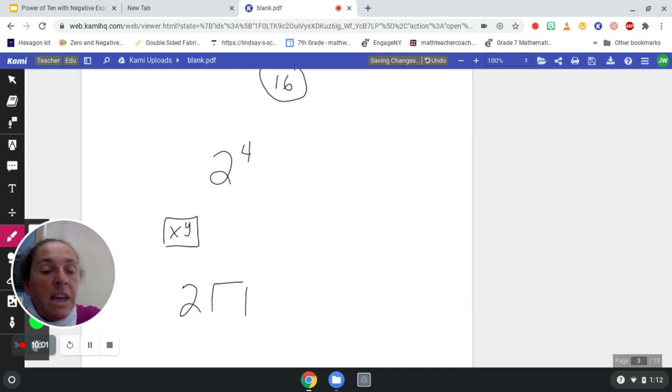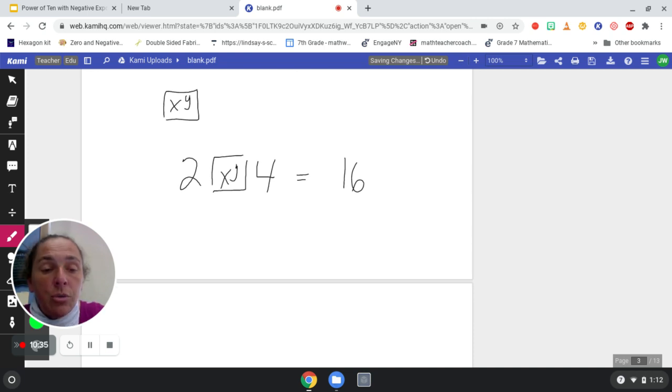Then I would hit the key XY because that's going to tell me my next number is going to be the exponent. Then I would type in 4, and when I hit enter, it would give me the answer of 16. Okay? Now, you could always go 2 times 2 times 2 times 2, and you would still get 16. But if it's a very big number, sometimes it's hard to keep account of how many times you put that number in there. So sometimes it's easier to use this XY key.